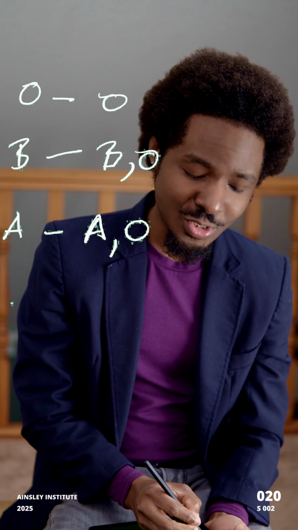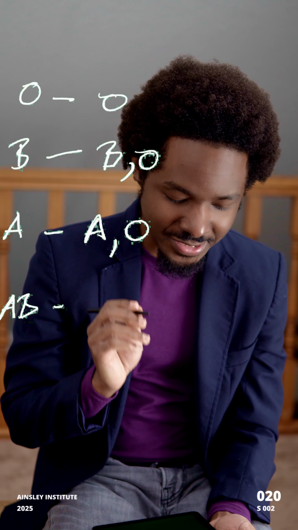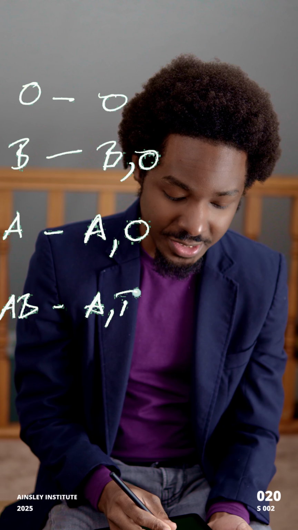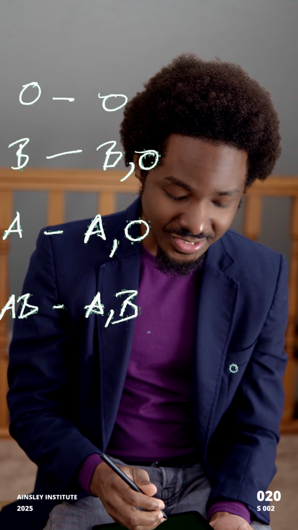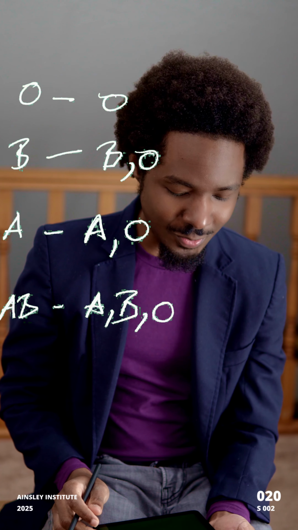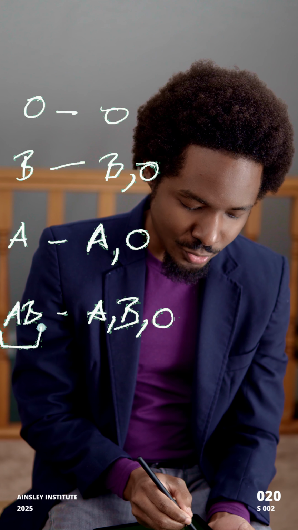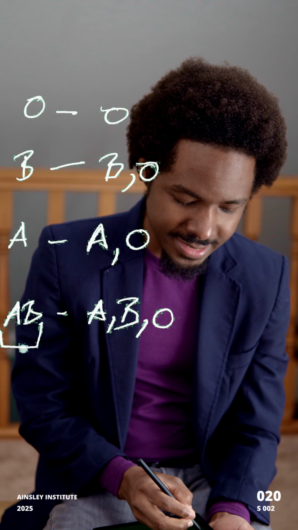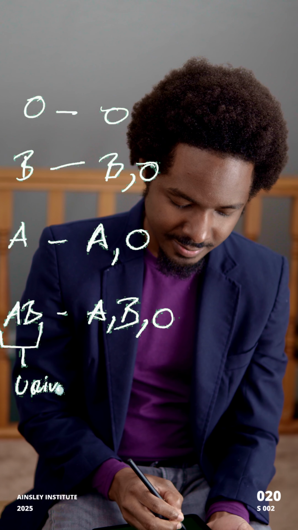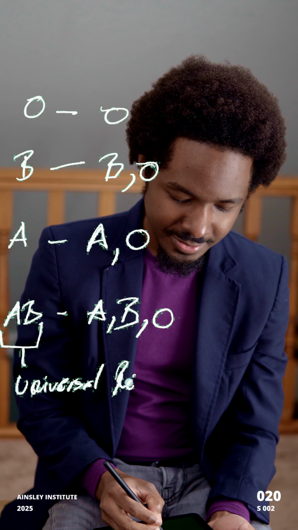Now, this is where the caveat comes in. A person who is AB can receive from a person who is A, can receive from a person who is B, and can receive from a person who is O. And you're saying, wow, this puts this individual as the universal recipient.